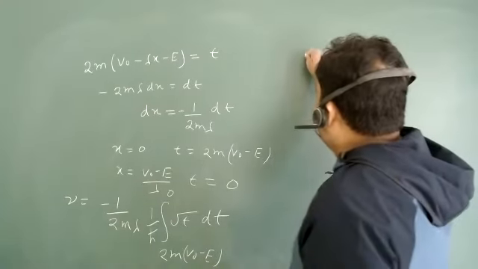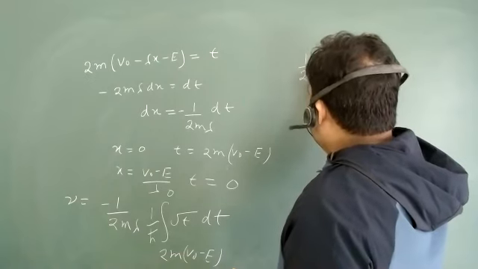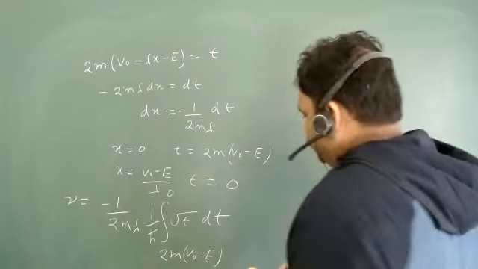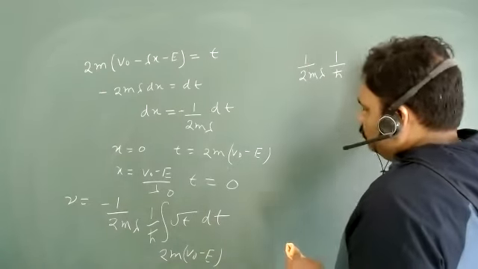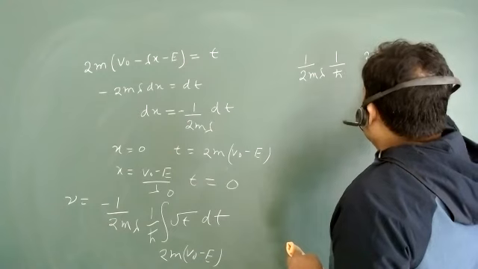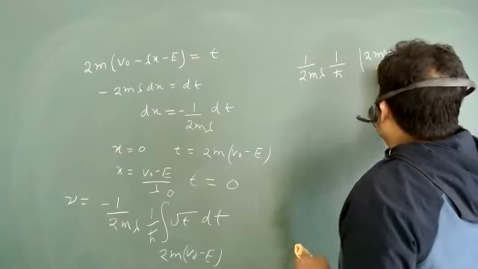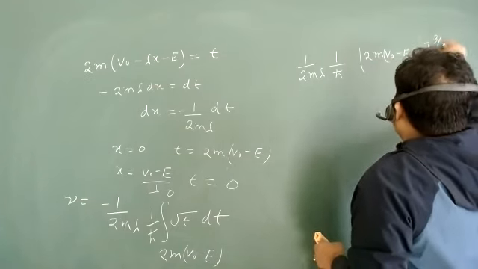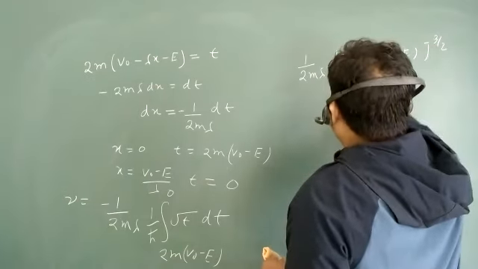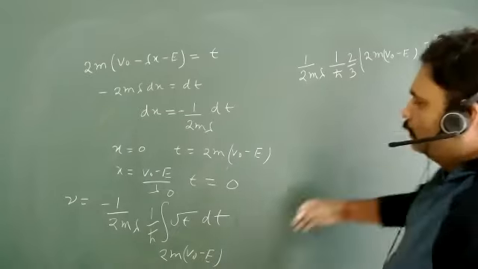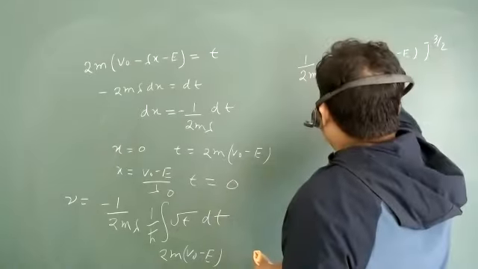So I can write 1 upon 2m lambda, with 1 upon h cut being a very important parameter, times (2m (V0 minus E)) to the power 3 by 2 times 2 by 3. Is that okay? Yes, sir. I have done minus minus plus all together.